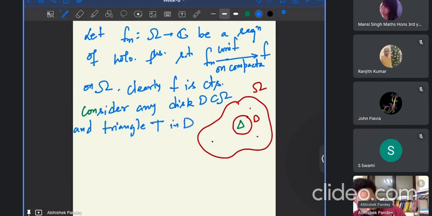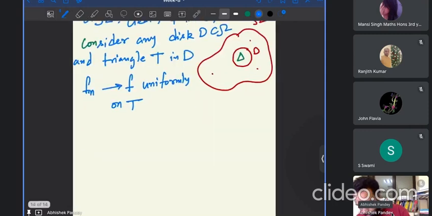this disk. So since Fn converges to F uniformly on compacta, that is, Fn converges to F uniformly on every compact subset of Omega. Now this closed triangle is a compact set in Omega. So Fn converges to F uniformly on T, whatever triangle you take.